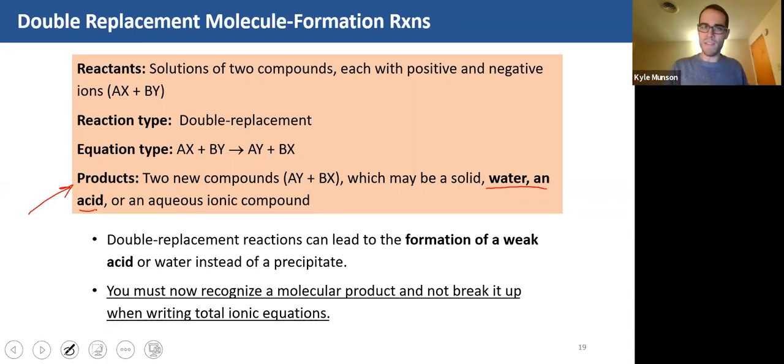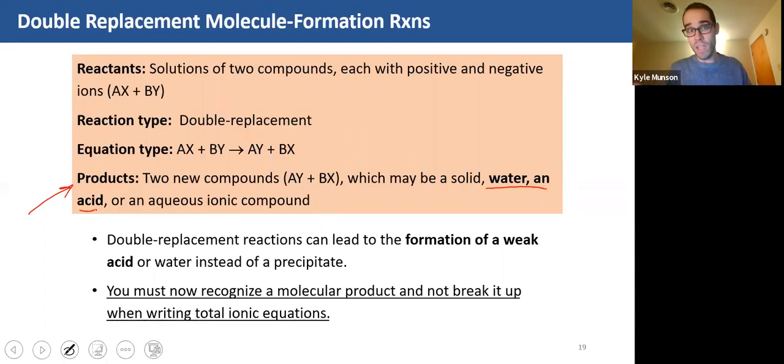Whereas weak acids don't completely ionize. They stay together as molecules. So even though they're aqueous, they don't completely break apart in solution. That might be something a little bit tricky, something we talked about before, but we need to recognize that when I have an aqueous weak acid in my equation and I want to write the net ionic equation, I can't break that apart.